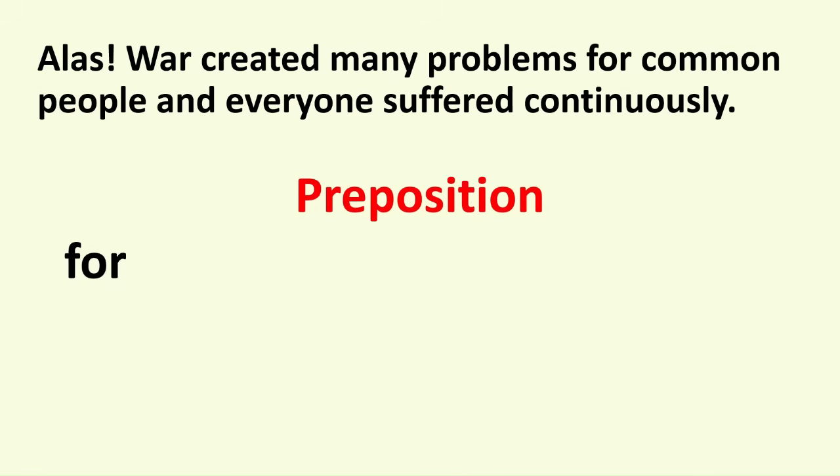War and problems, subject and object. Now you require another object, you need a preposition. So you say for people. Common is an adjective. It can be there, it can be removed. But the important word is the noun. So to join that noun, you have the preposition for.